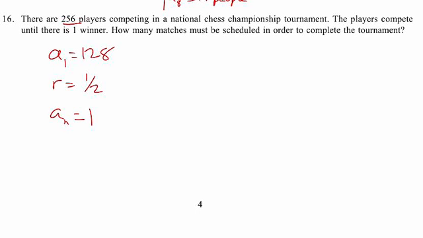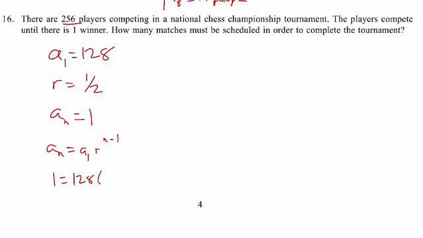The geometric sequence in general is A sub n equals A sub 1 times r to the n minus 1. Let's plug in what we know. We have A sub n. We know that's 1. We don't know what n is yet, but we know A sub n is 1. Our first term is 128.